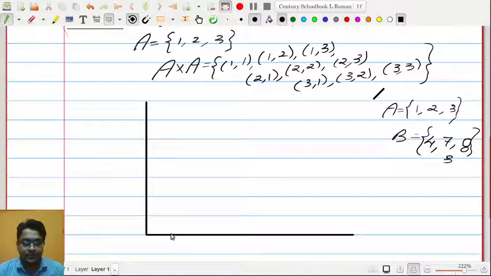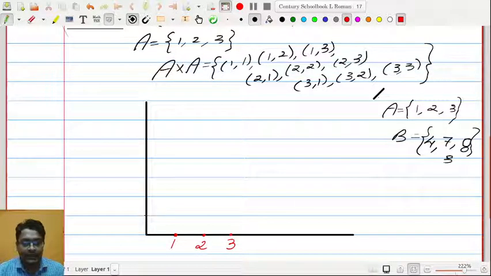In that case, we can designate these points: this point is 1, this is 2, this is 3. These are the points of the first set.